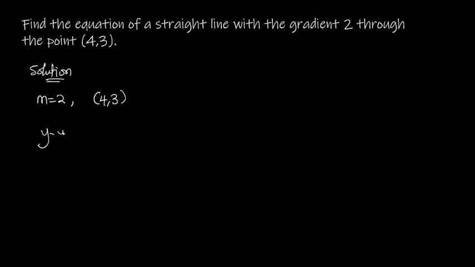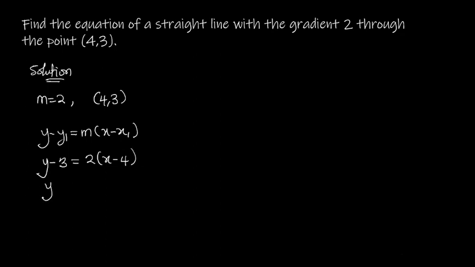So we have to find the equation of a straight line with a gradient of 2, through the point (4, 3). For this case, I'm just going to go straight ahead and use the second method. So y minus y1 is equal to m into bracket x minus x1. All I need to do is substitute my values. So I have y minus 3, my y1 is 3, is equal to m, which is 2, into bracket x minus my x1, which is 4.